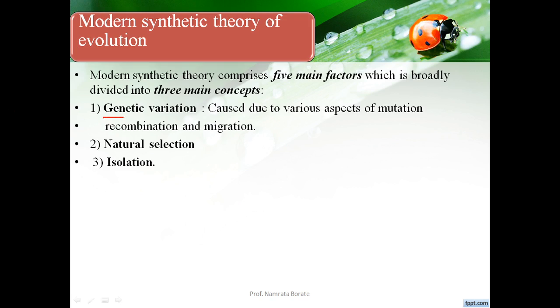The first concept is genetic variation, second one is natural selection, and the third one is isolation. In this video, we concentrate only on the first point, that's genetic variation. This genetic variation is caused by various aspects of mutation, recombination, and migration.